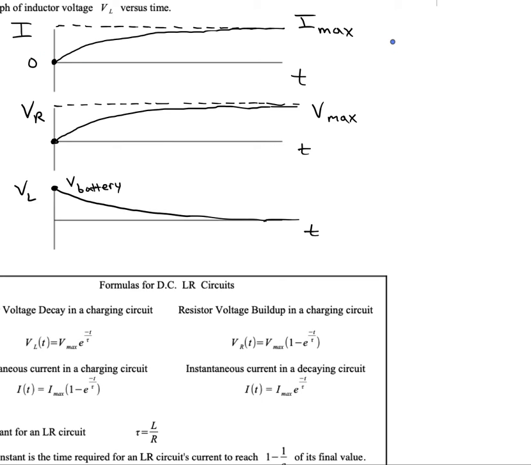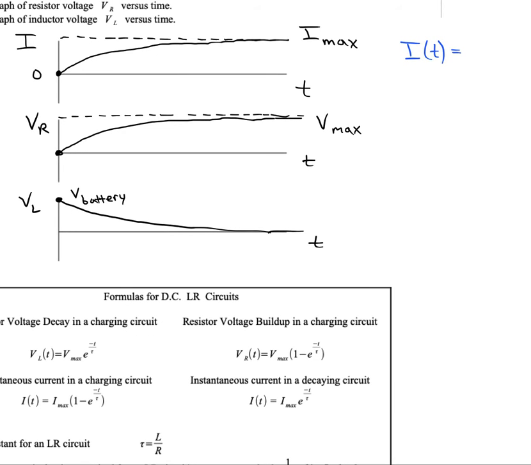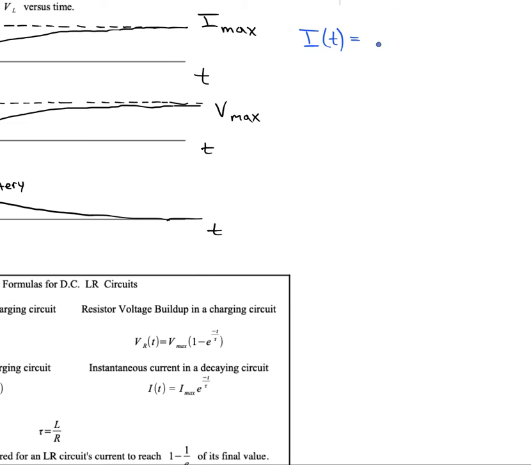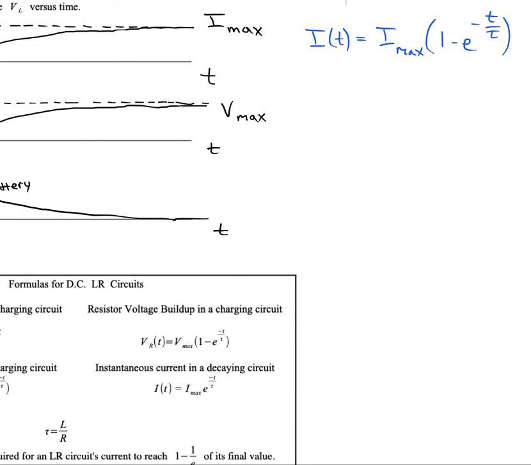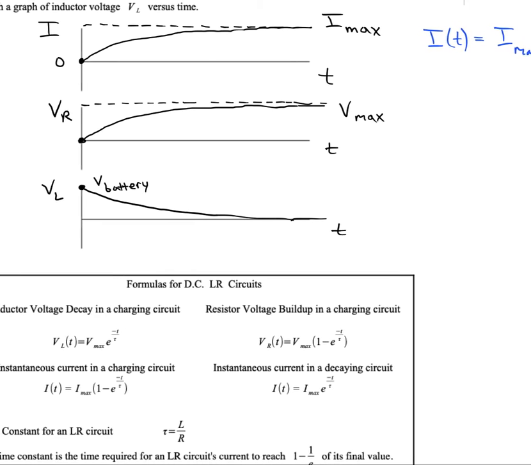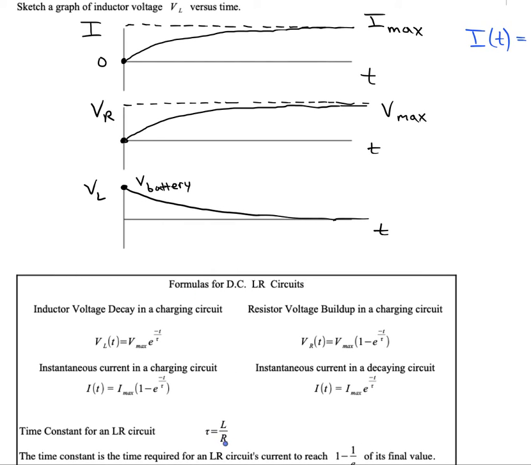So the formula for current will be I as a function of t equals I max times 1 minus e to the negative t over tau. And tau is the time constant for the LR circuit. Very similar to the time constant for an RC circuit, but we use the inductance L instead.